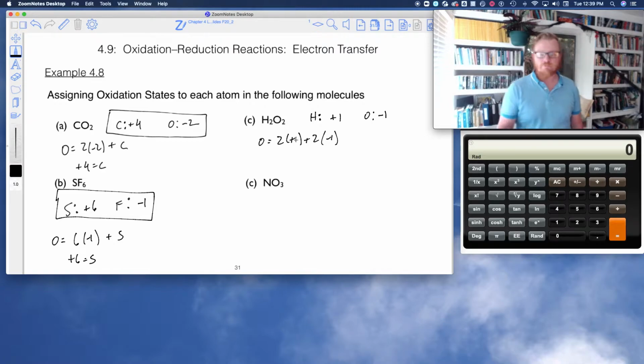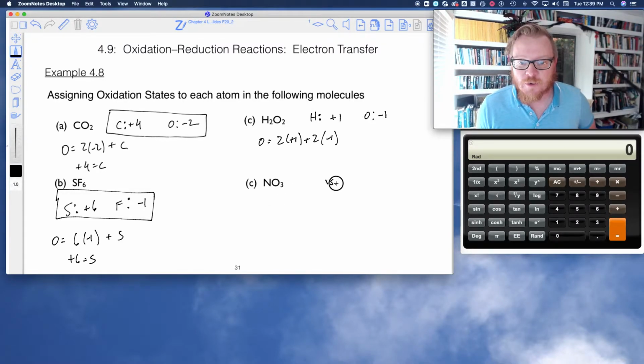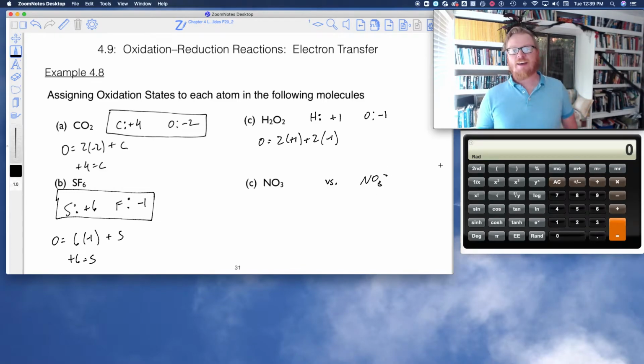So now what about this NO3? And I want you to pay especially close attention to this. NO3 versus NO3 minus. These are 2 different chemical compounds. One is an ion, the other is not. That's big.